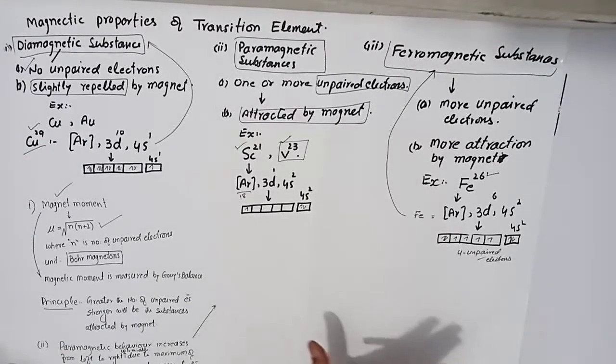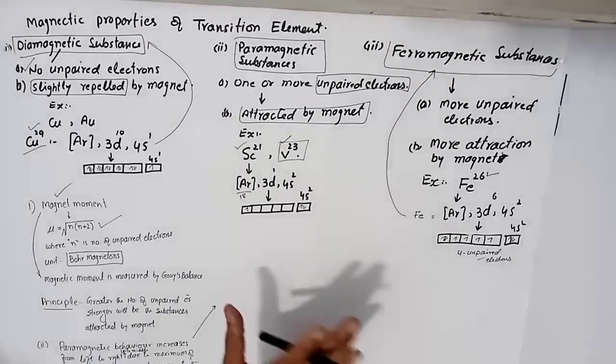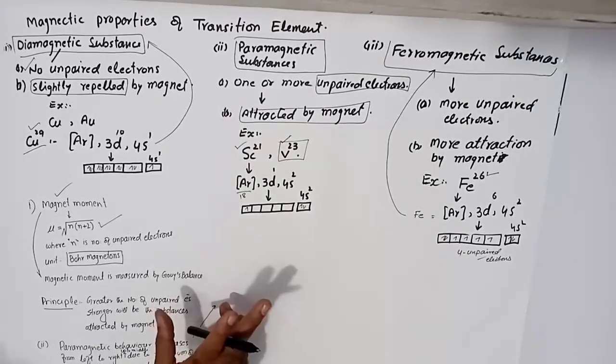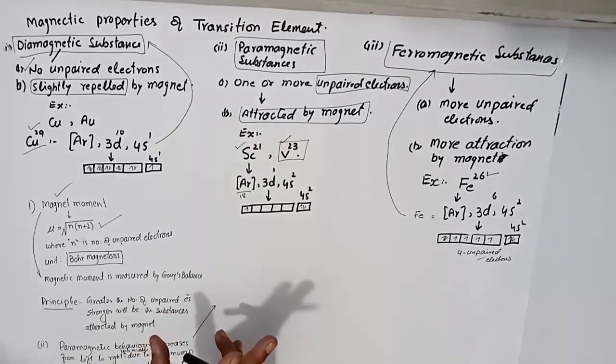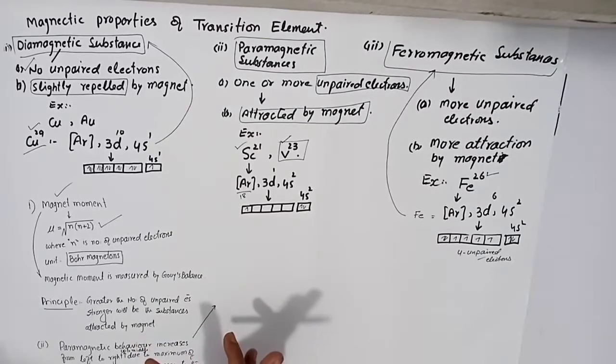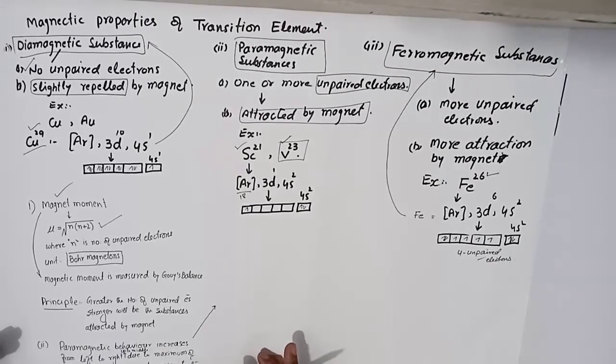Look at the periodic table. Now look at this periodic table. You can easily find out the unpaired electrons of a metal.